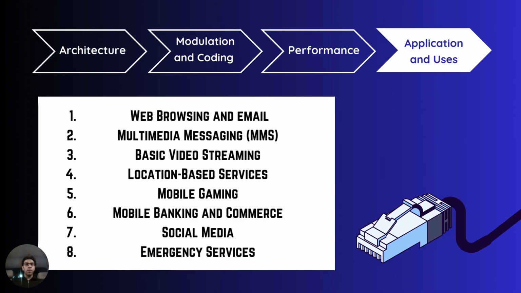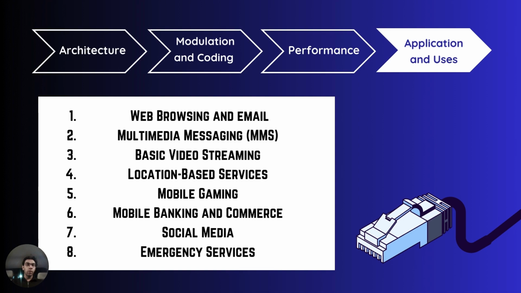And lastly, the applications and uses. As I previously mentioned, EGPRS was a huge bridge between 2G and 3G. With it, a lot of applications and uses were introduced, mainly web browsing and email, multimedia messaging, basic video streaming, location-based services like GPS, and mobile gaming.